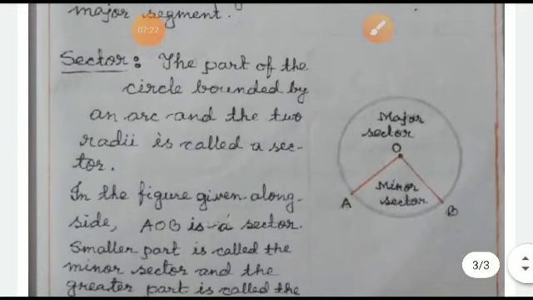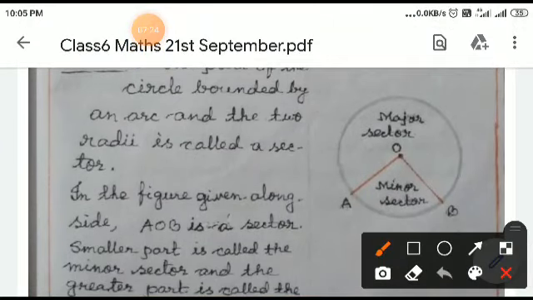Now sector. In the figure, it is a circle with center O and A and B are any 2 points on the circle, that is, on the circumference of the circle. Joining OA and OB, we get 2 radii. Radii is the plural form of radius. We get 2 radii, and here AB is an arc.